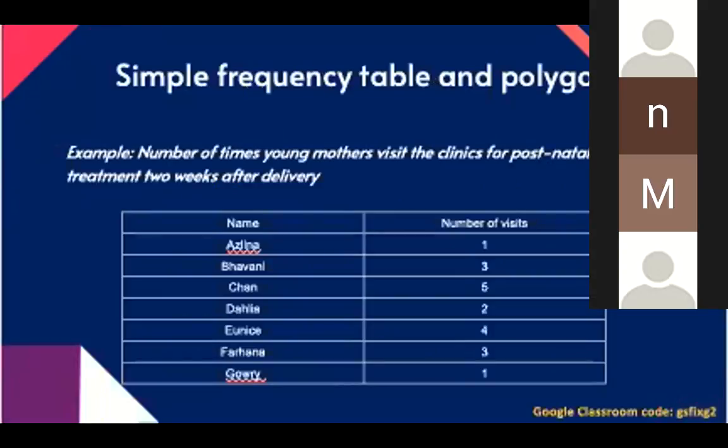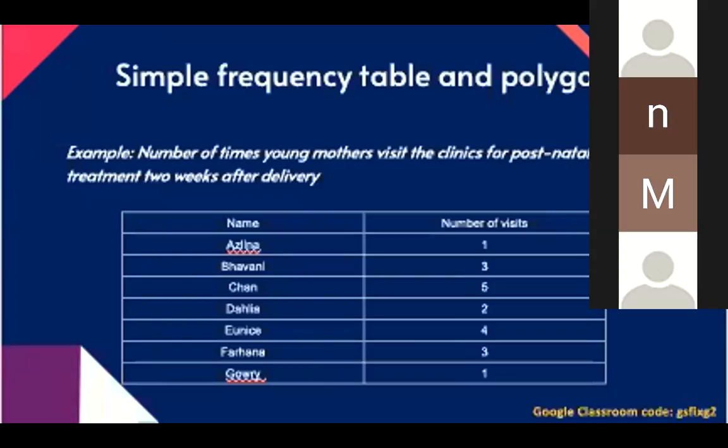So first example, let's say your data contains the number of times young mothers visit the clinic for postnatal treatment 2 weeks after delivery. So you may have something like this, like name Azlina visits 1, Bhavani 3 visits, Chan 5 visits, and so on.